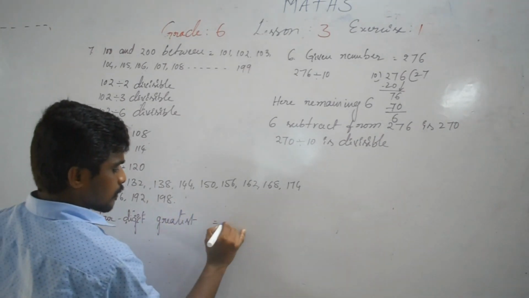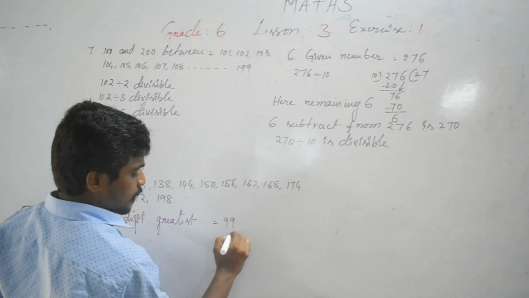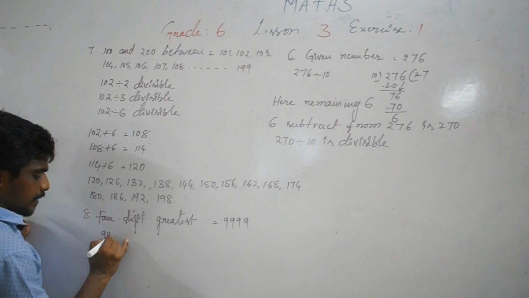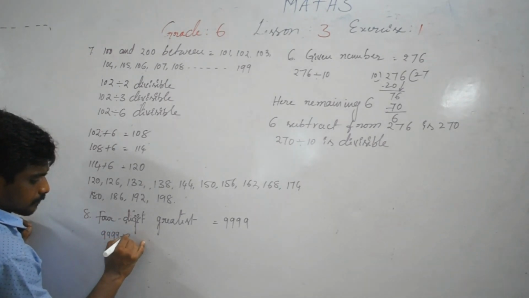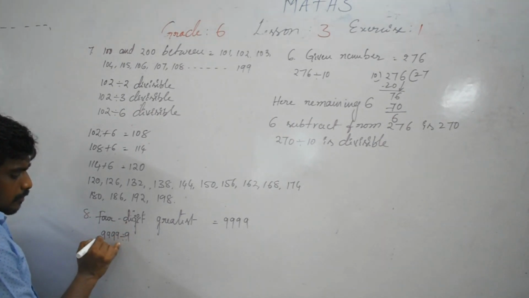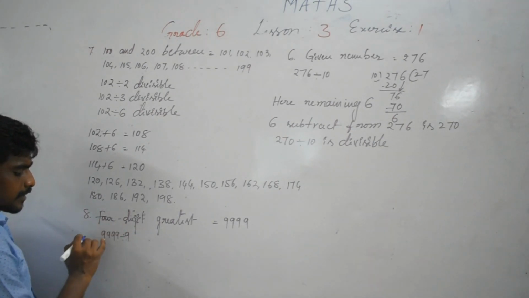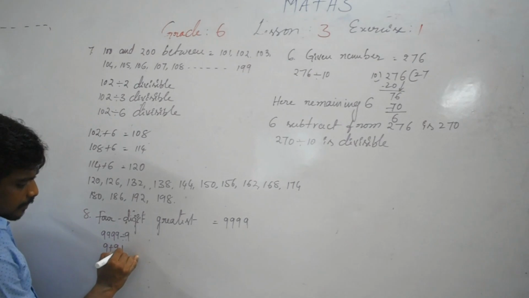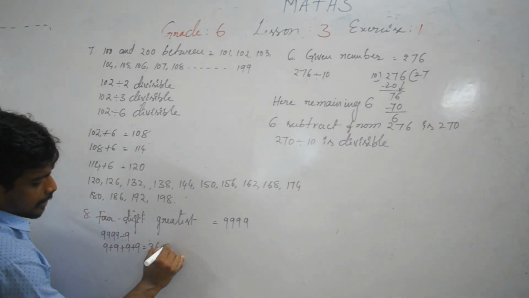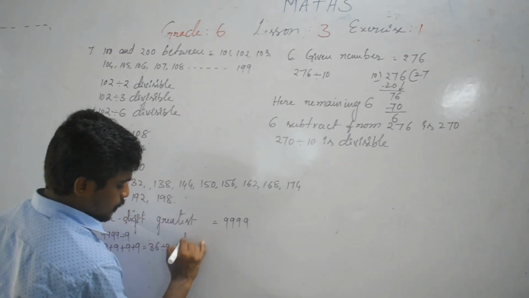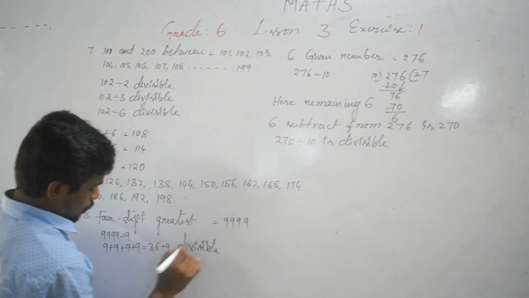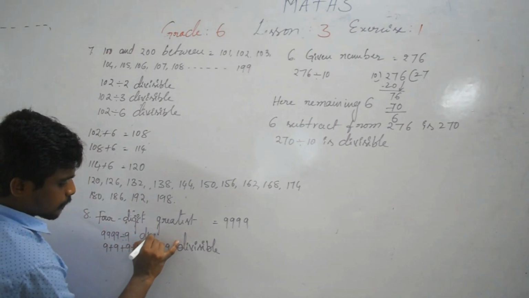What is it? 9999. Check whether this number is divisible by 9. What is the divisibility rule for 9? The sum of all the digits is divisible by 9. So 36 divided by 9. Divisible.